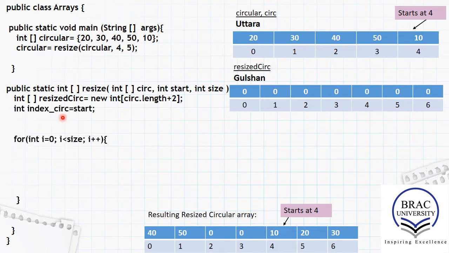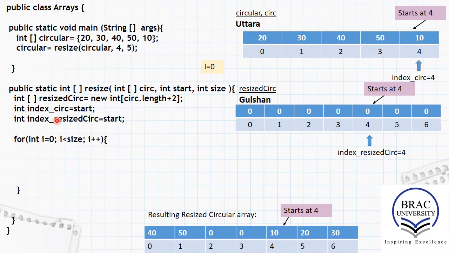Index underscore circ will be used to iterate the array under Uttara, and index underscore resized circ will be used to iterate the array under Gulshan. We're doing this because the lengths of both arrays are different, and this index must be modded by this array's length, and the index of this array must be modded by this array's length. That's why 2 different variables are maintained.